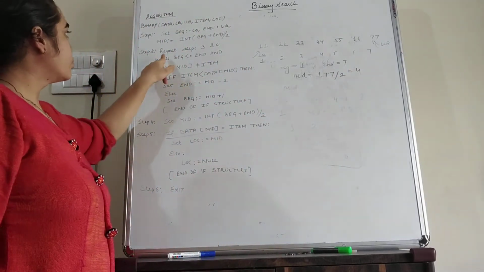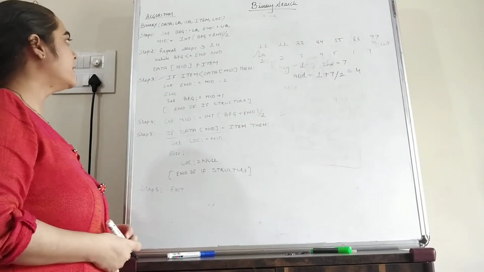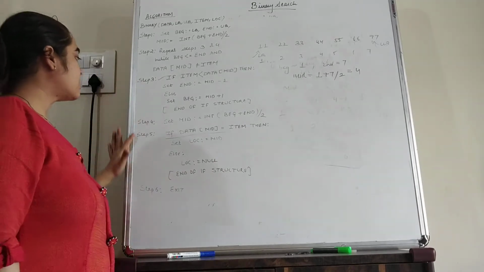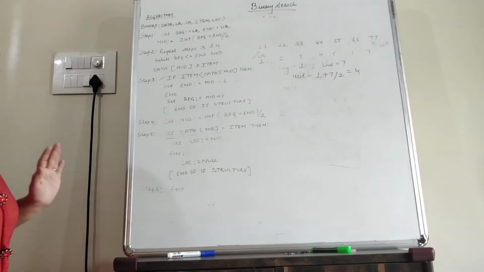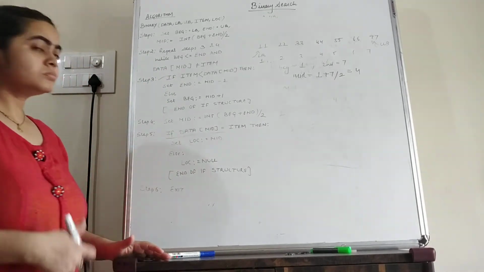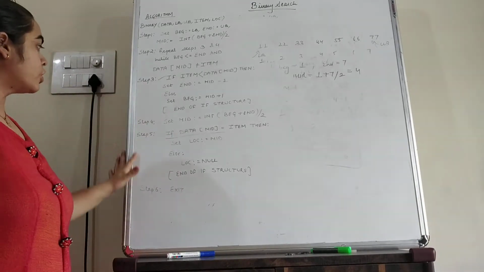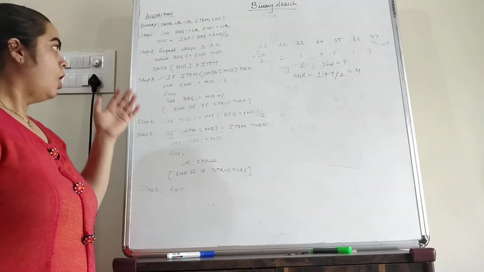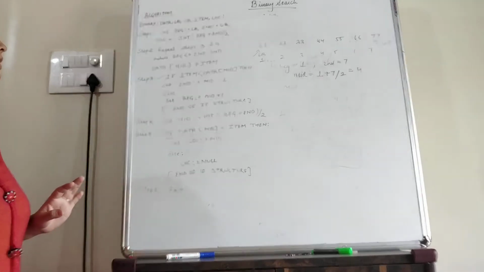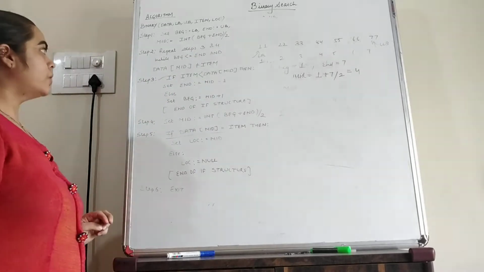Now step number 2, repeat steps 3 and 4 while beginning is less than equal to end and data of mid is not equal to item. Students, these all steps will be executing only if the beginning value is less than the value of end. If the beginning is greater than end, then we are not able to execute these steps and the binary search algorithm will automatically stop. So it will only work when the beginning is less than equal to end.